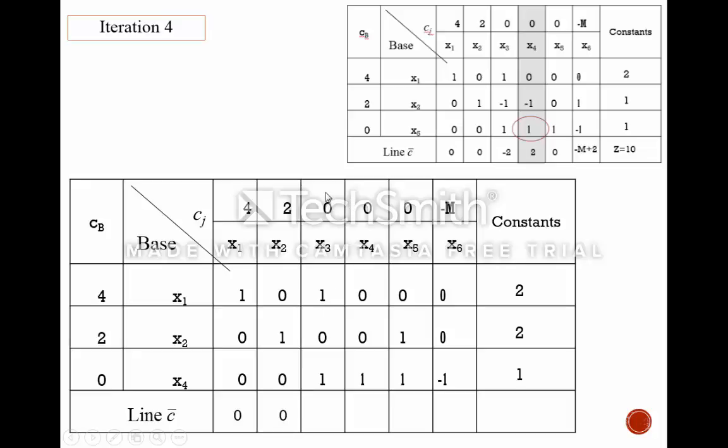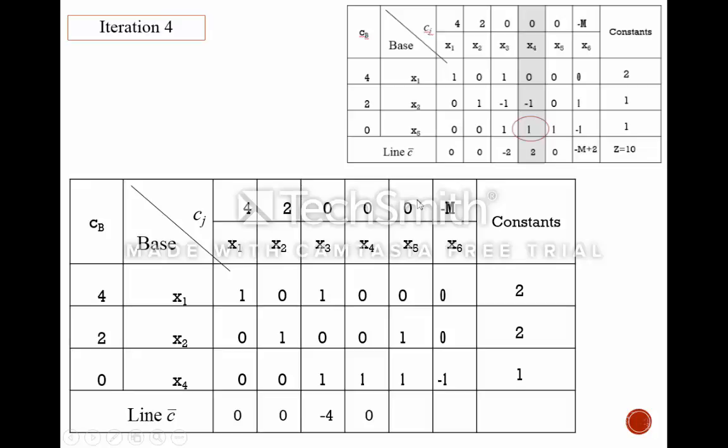And the third is 0 minus 4 times 1, minus 2 times 0, minus 0 times 1, and the result is minus 4. The fourth is 0 minus 4 times 0, minus 2 times 0, minus 0 times 1, and we get the result 0.